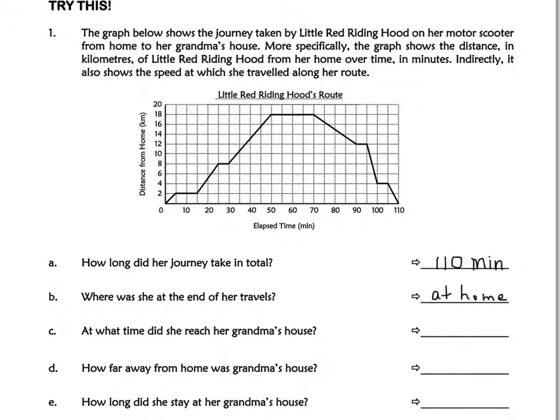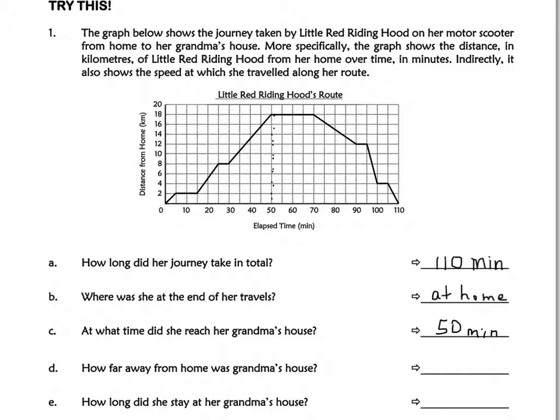If we look at the time along the horizontal axis, it appears that the time where she had the longest stop is associated with 50 minutes. And the stops are indicated, in this particular case, by horizontal lines, because horizontal lines in this case indicate the distance hasn't changed as time moves on. So it looks like she reached her Grandma's house at 50 minutes.